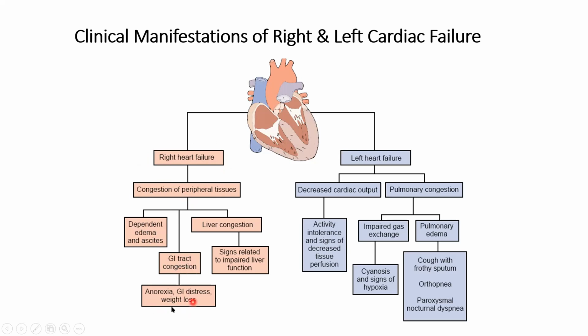These are the symptoms: weight loss, general distress of the gastrointestinal tract. You have liver congestion, signs of impaired liver function. They are there. So this is basically if the right heart goes out.